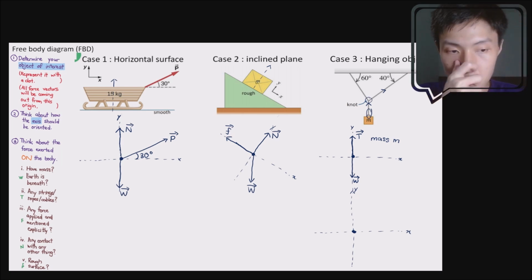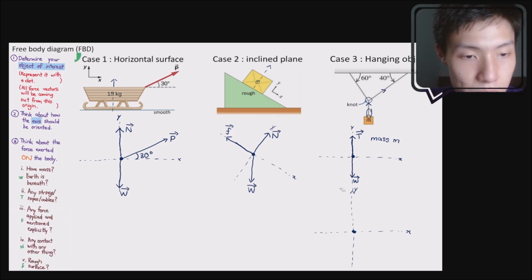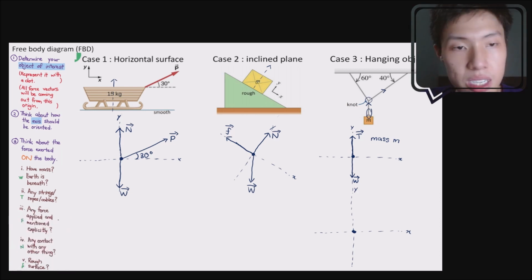Okay, so we have drawn our axis. Now what we need to do is to ask ourselves the 5 questions. The first question is, does this knot have mass or not? Does this knot have mass? The answer is no.